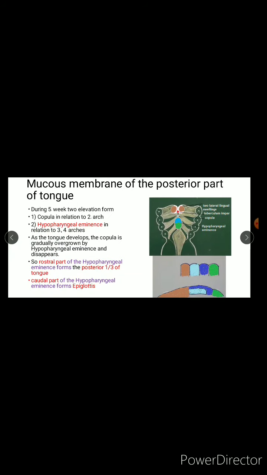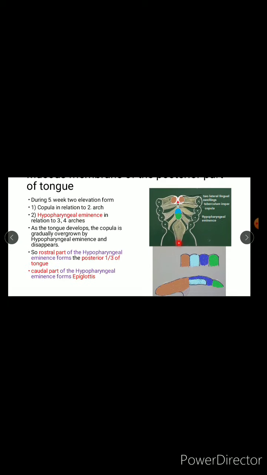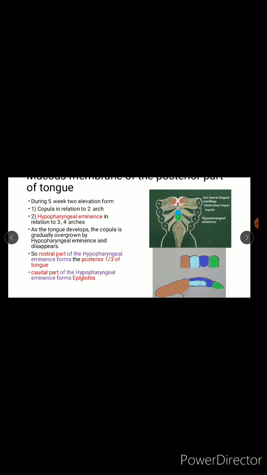As the tongue develops, the copula is gradually overgrown by the hypopharyngeal eminence and disappears. In this diagram you can see the first arch, second arch, third arch and fourth arch in lateral view. From the first arch, the two lateral lingual swellings form the mucosa of the anterior two-thirds of the tongue.